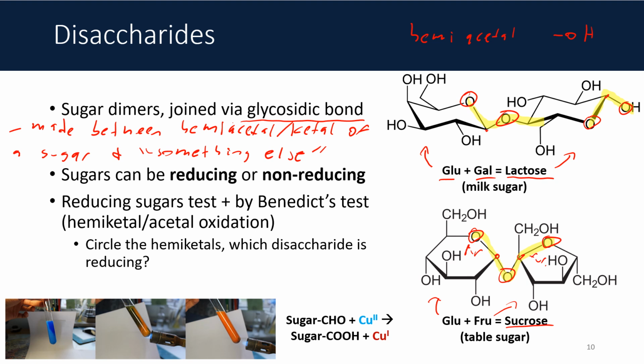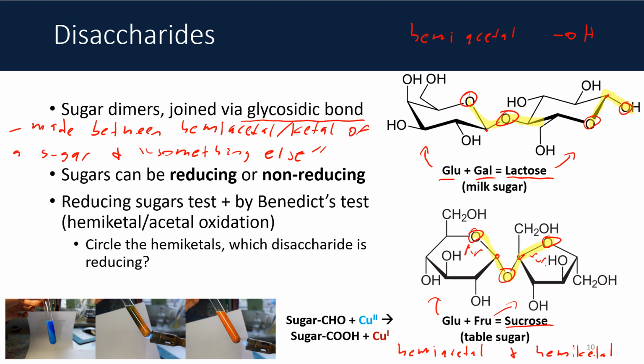In the case of sucrose, it is the hemiacetal of glucose plus the hemiketal of fructose. And they are conjoined with each other, head to head, kind of.